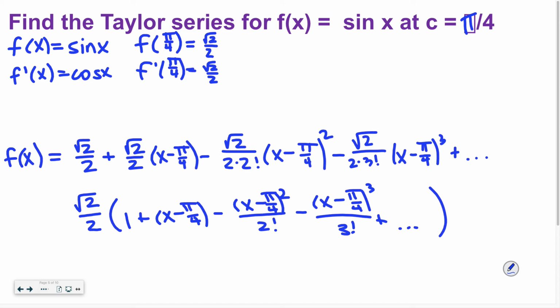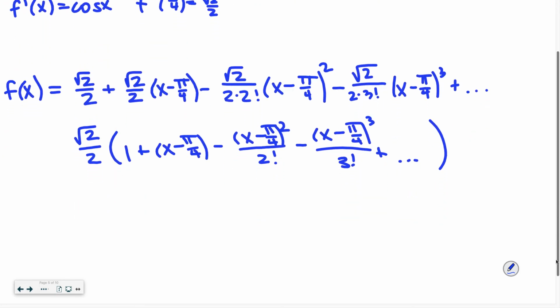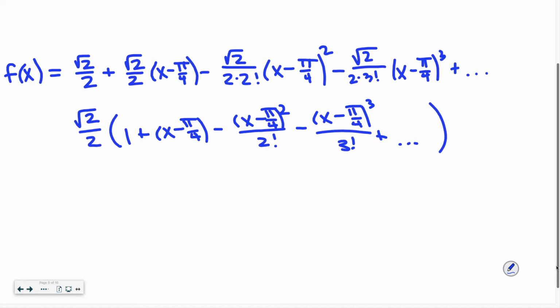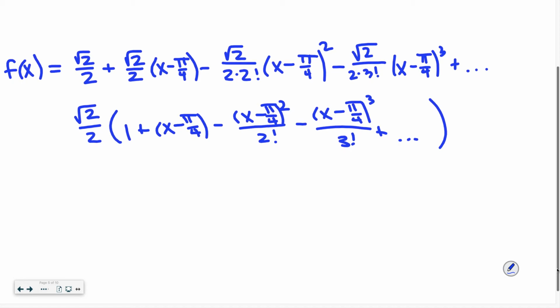Oh, you just factored it out. Okay, I thought that was the general term for it. Why did you add the first term and subtract the next two? Because that's positive, positive, negative, positive.